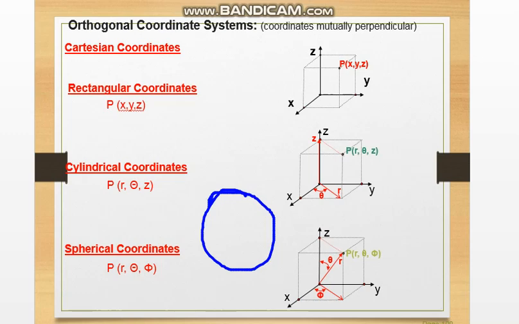Just look at it: r, theta, phi. There are two angles and a single radius. In a sphere, from the center, the radius is constant to all of the points belonging to it. Because it is a sphere, the distances from the center to all the points on the sphere are equal.